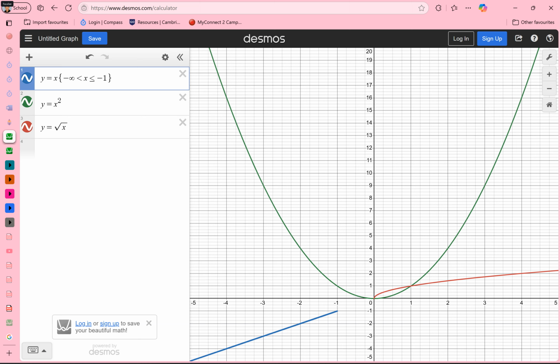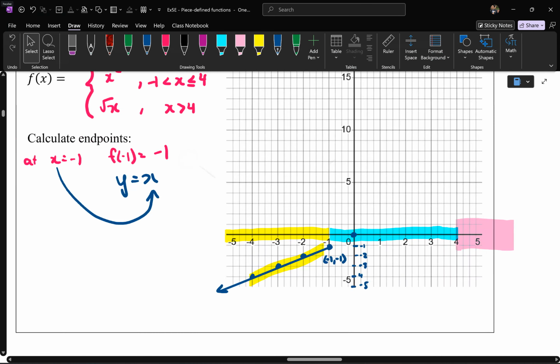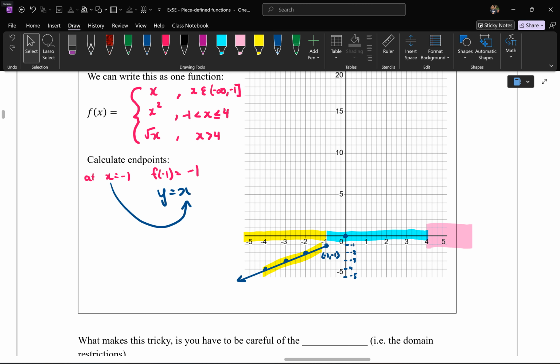What's the next one? I need to do the x squared graph. Let's have a look. So I need to do the x squared graph between -1 to 4. So we have to now work out at -1 and 4, where would the quadratic graph get cut off? Okay, we want to know where it stops and starts. So same thing again. At x equals -1, so I'm going to do it in a different color now.